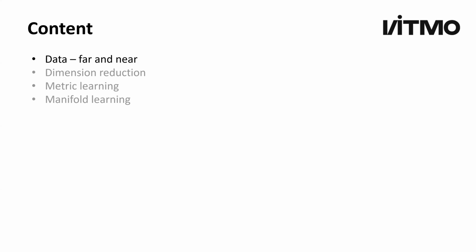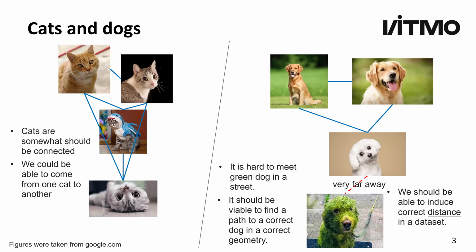Stay tuned. In my opinion, every talk on Ricci curvature, on manifolds, on distances should begin with something really easy, so you are on the same page. So I begin with cats and dogs.